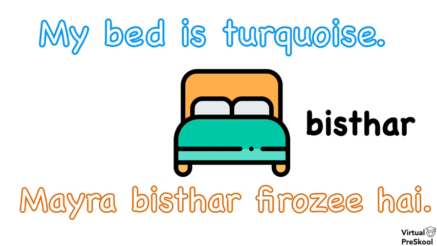So we could change bistar to kirki. Kirki is a stri noun, right? It's window. That one would still be meri kirki firozi hai. And here we have a pull noun, mera bistar firozi hai. So any adjectives that end with anything other than a never change. They stay the same no matter what.